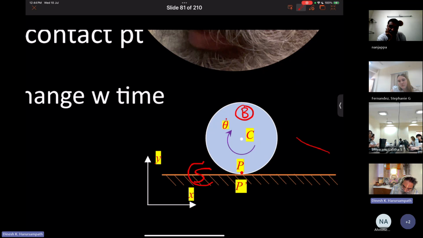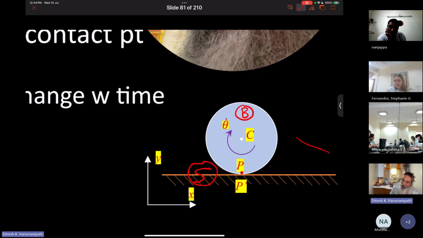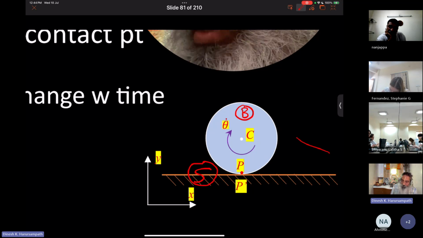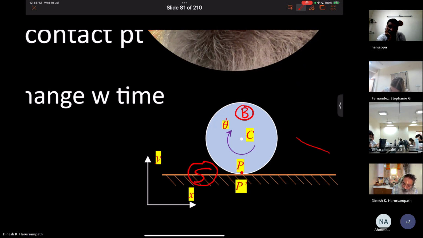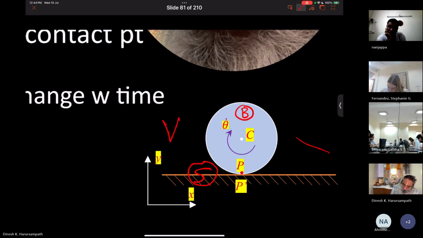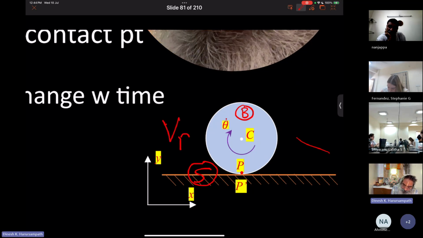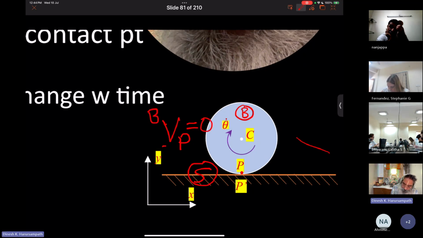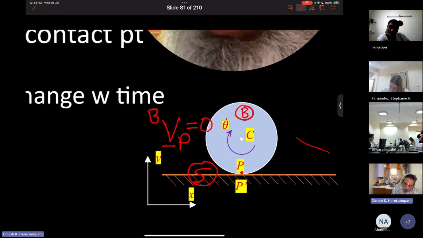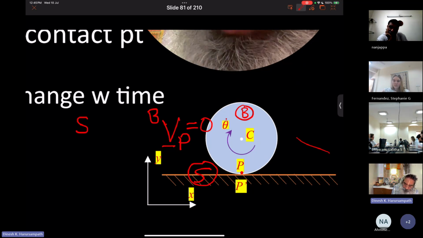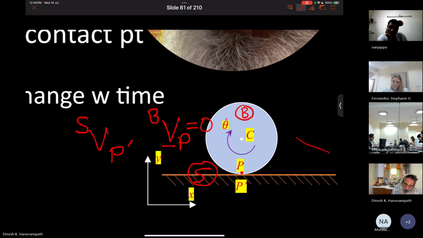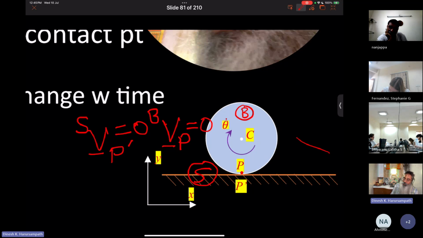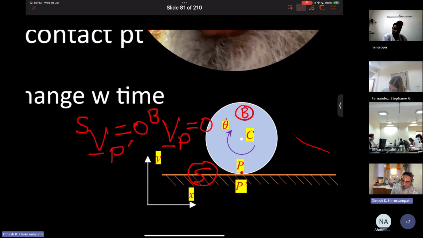This is S that we are talking about, the surface, and B, the body. So P is part of B and P prime is part of S. The velocity of P in B is equal to 0. Similarly, the velocity of P prime in S is equal to 0, which is what we mean by these two points being fixed in those respective bodies, P in B and P prime in S.